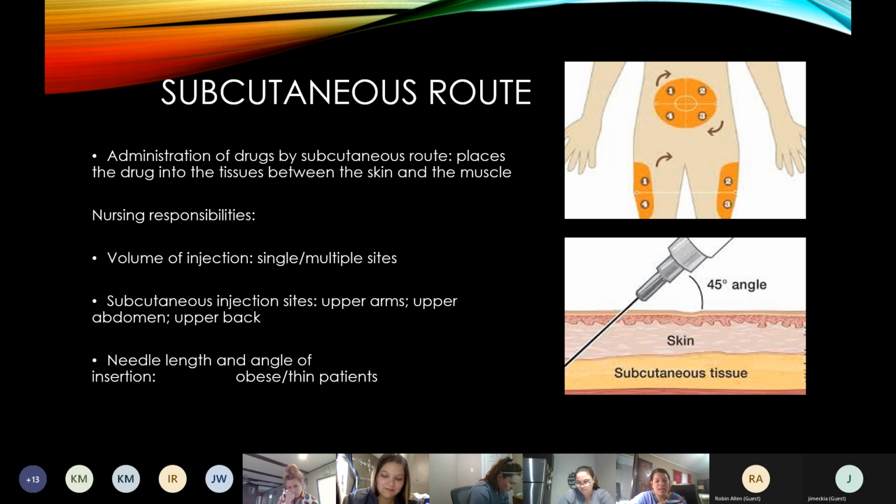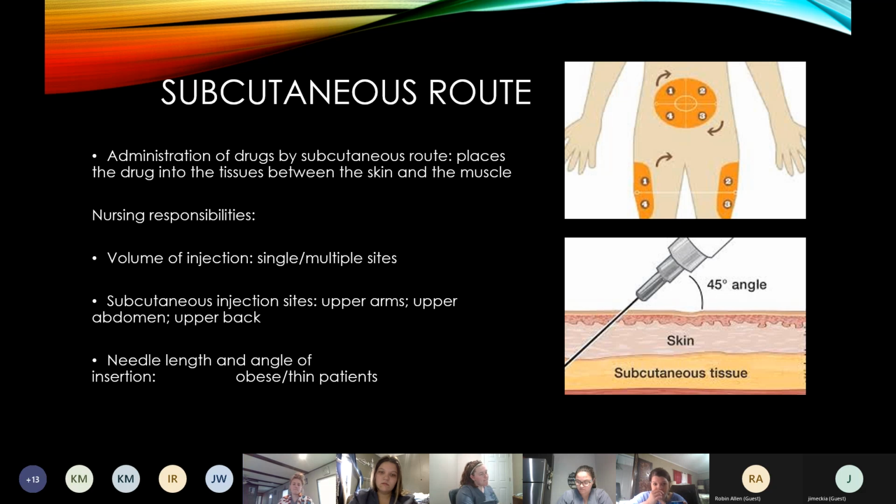All right, subcutaneous. When you think subcutaneous, I want you to think fat. Okay. Subcutaneous is the administration of drugs into the tissues between the skin and the muscle. So for all intents and purposes, I want you to think we're giving these in the fat.